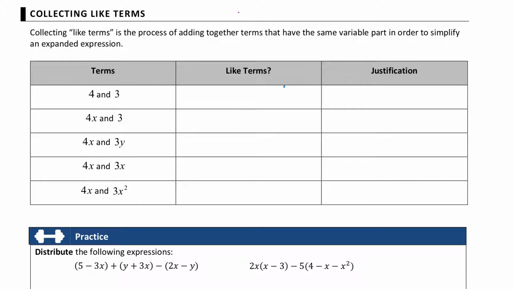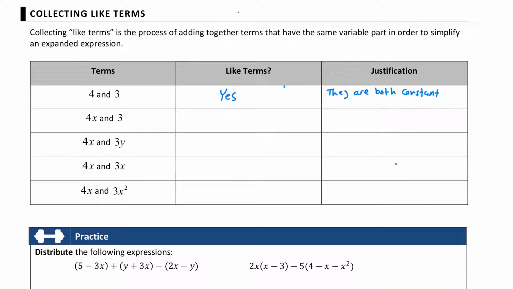So they are, yes. And the justification is that they are both constants. So they're both constants, and you can think of it in another way and say whether or not you can add these two together, and we know that 4 can be added to 3 and we can get 7.